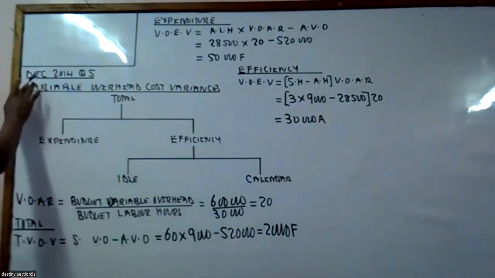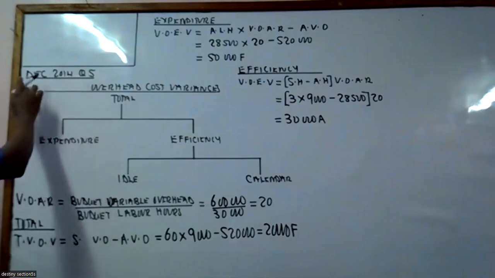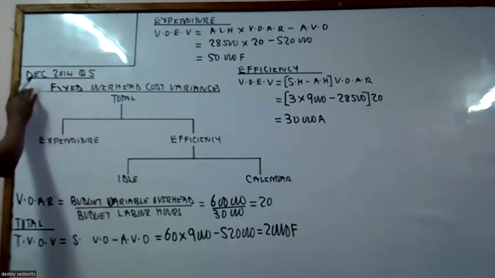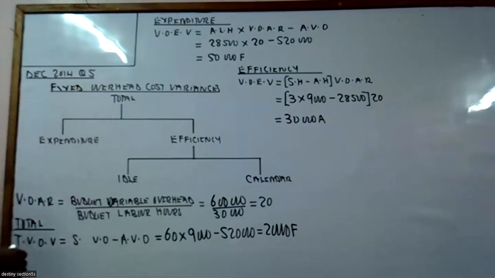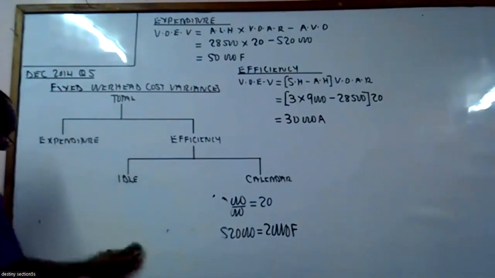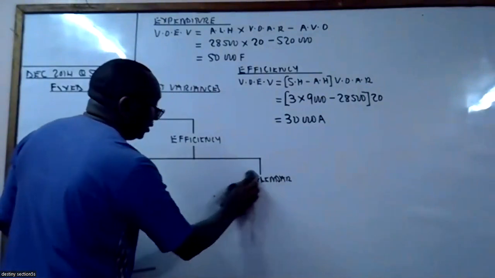Now, from there, let's proceed and look at fixed overheads cost variances.